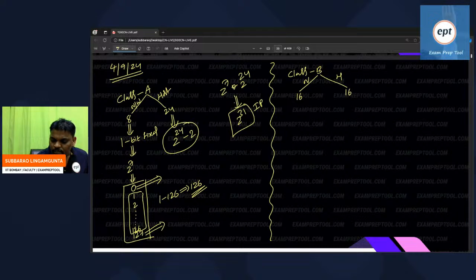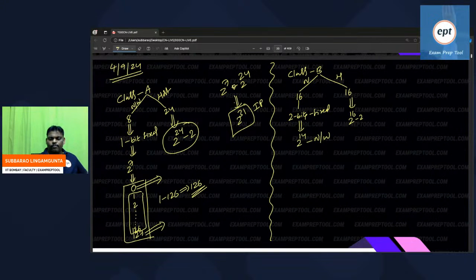Out of 16, 2 bits are fixed, so there are 2 power 14 networks. But remember, there is no minus 2 for networks here. Hosts are always 2 power 16 minus 2.